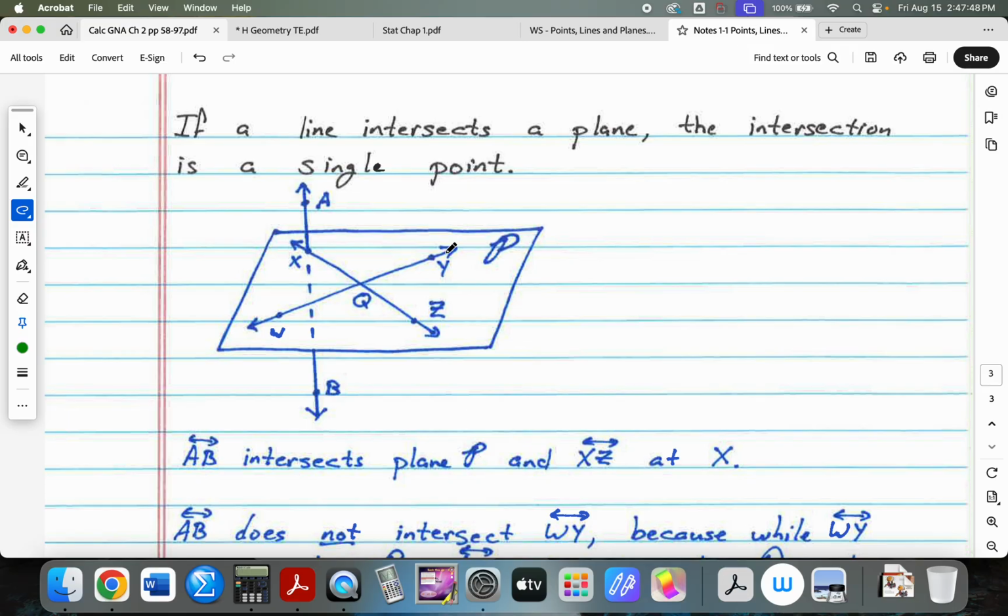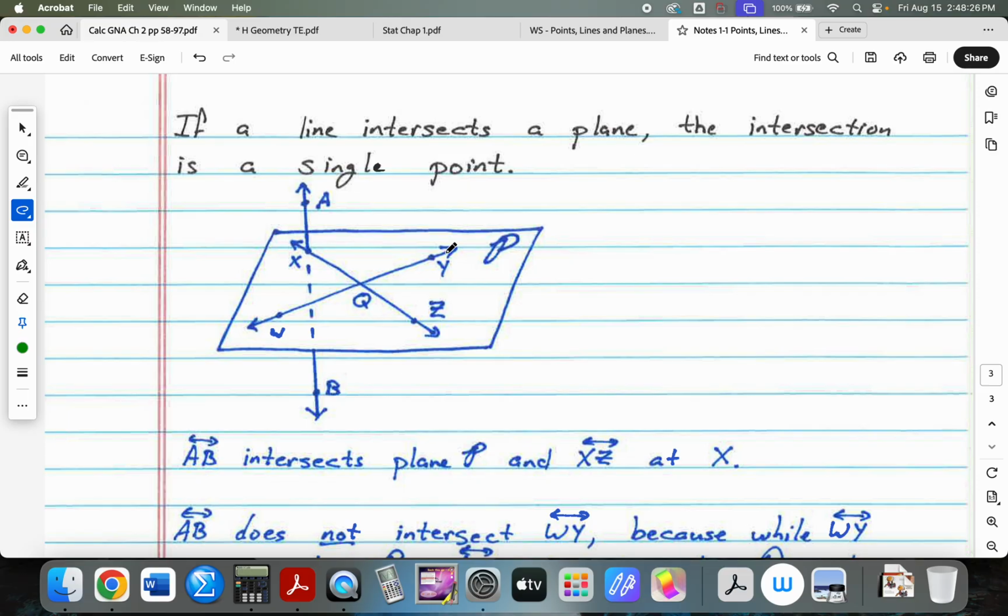Right, so here's what this looks like. So here's plane P. XZ and WY are on the plane and they intersect at Q, right? Line AB, which is my pencil, goes through the plane. Does it ever touch line WY? No. It's never going to run into that. That's what this is trying to illustrate.